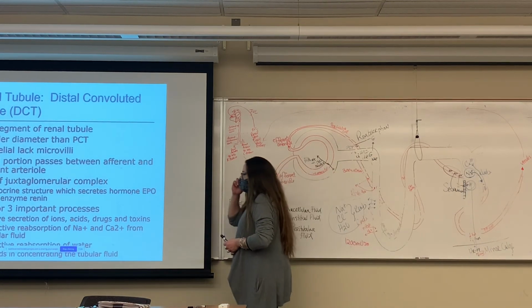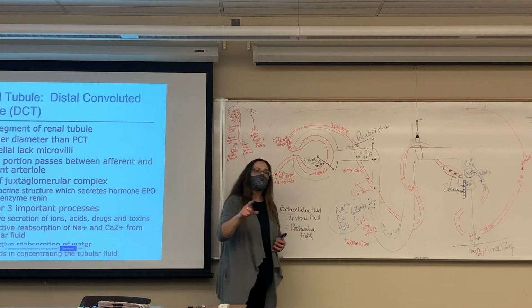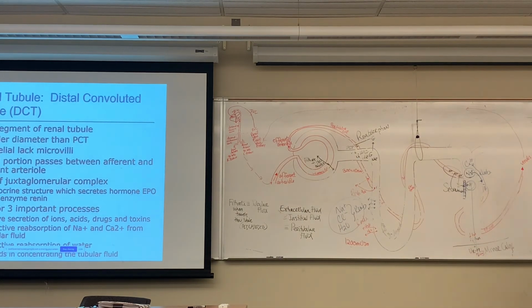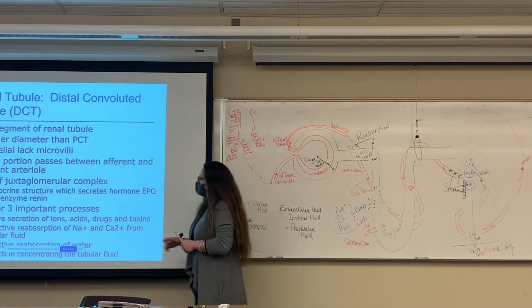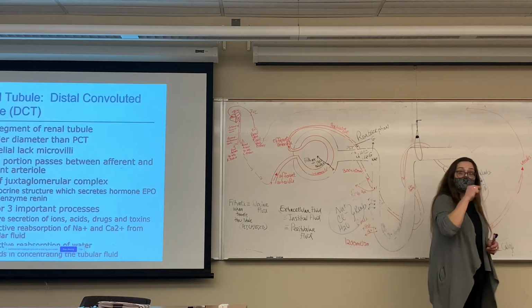What hormone would tell the DCT of the kidneys to reabsorb calcium so that we're losing less of it? What hormone is gonna try to get calcium up in the bloodstream, reabsorbing it, putting it back in the blood? Which one? Not oxytocin, not ADH, PTH. PTH is going to cause calcium to get reabsorbed here at the DCT.